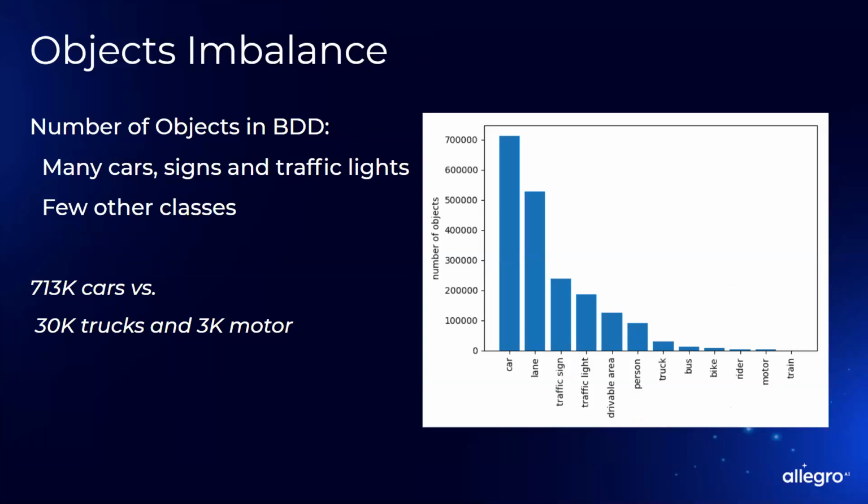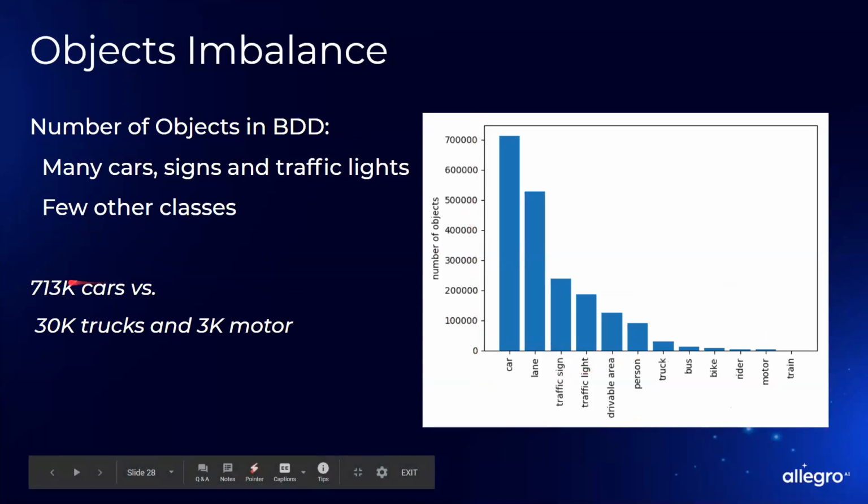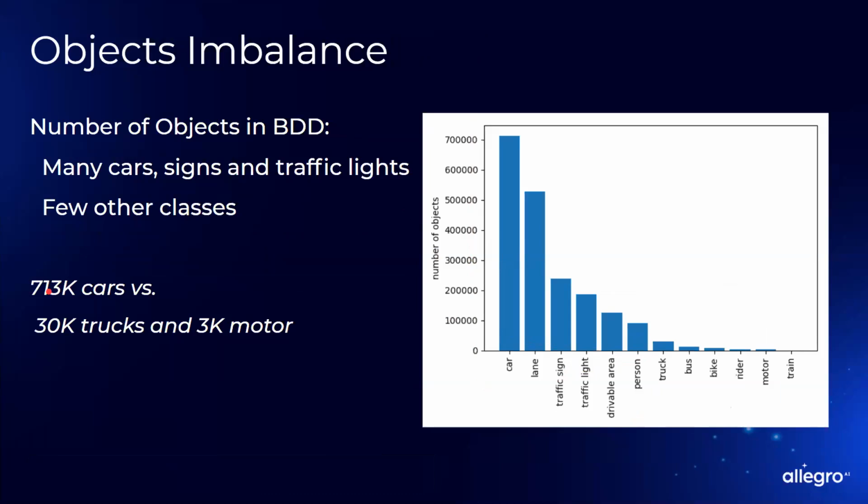So let's start with object imbalance. Let's look at Berkeley Deep Drive. There are lots and lots of objects. There are actually 700,000 cars, 30,000 trucks, but only 3,000 motorbikes.